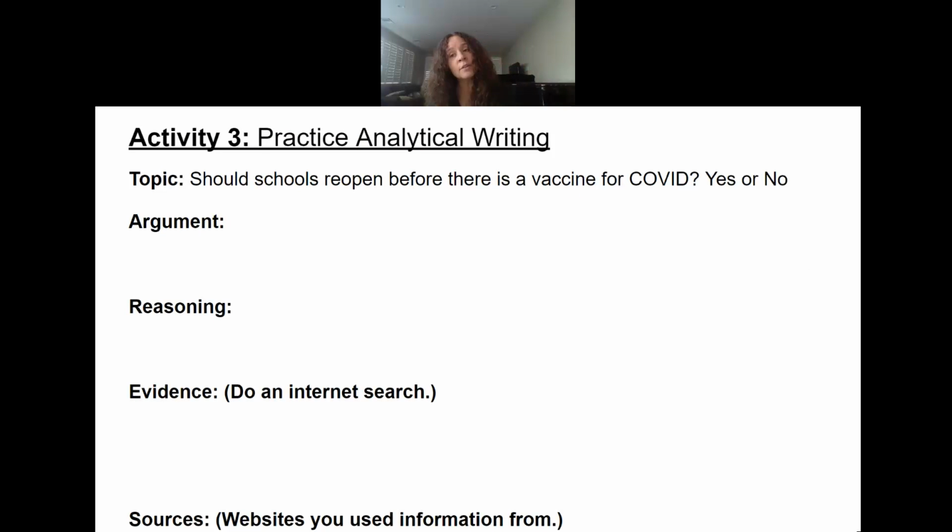Or you could take the other side. You could say, no, I don't believe schools should reopen before there is a vaccine for COVID, because it would increase the spread of COVID and more people would die.